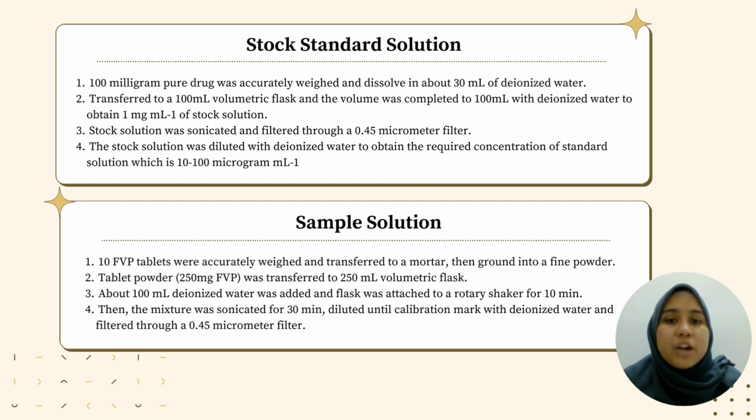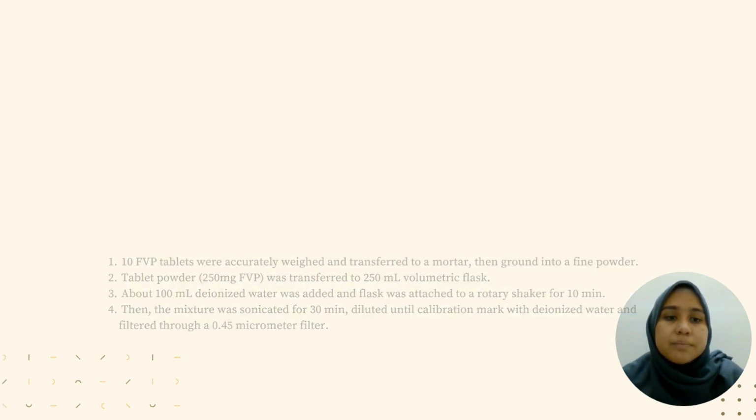About 100 ml of deionized water was added and the flask was attached to a rotary shaker for 10 minutes. And then the mixture was sonicated for 30 minutes and diluted until the calibration mark with deionized water to give a solution containing 1000 microgram per milliliter and filtered through a 0.45 micrometer filter.